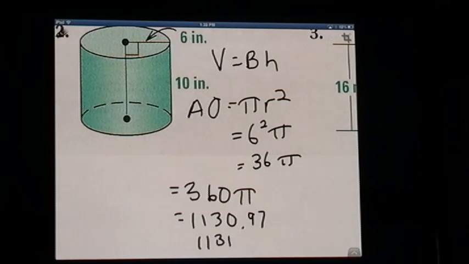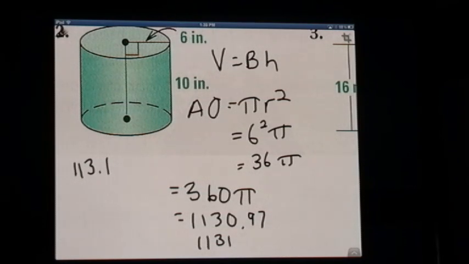Okay, you also could have said 36 pi and you would get 113.09, which would be 113.1, because the 7 will bump the 9 up.